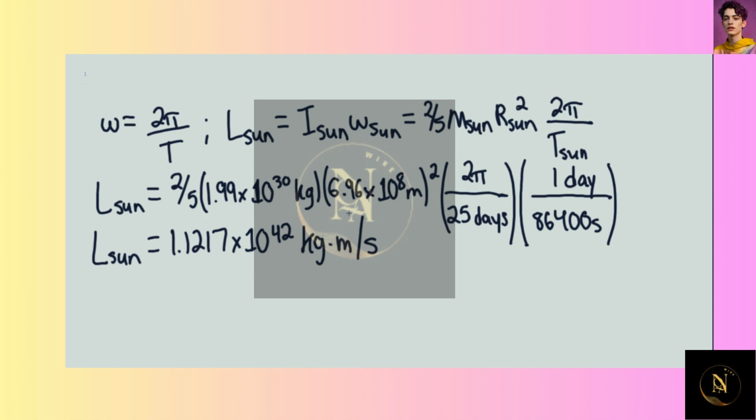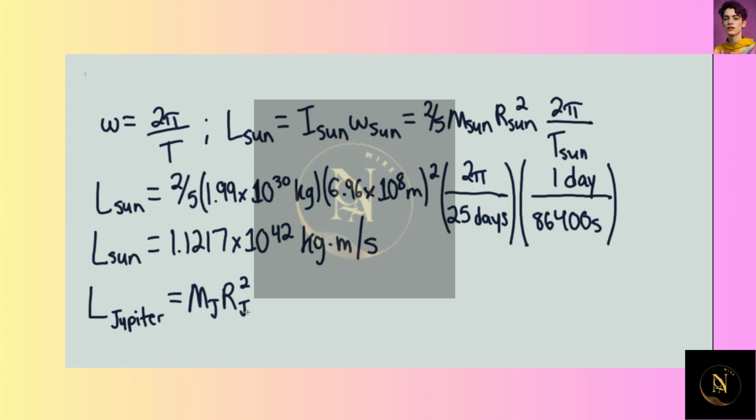And so we can then calculate the angular momentum of all of the planets. So we're going to be doing the exact same thing. However, we're going to be treating it as a point mass orbiting around the sun. And then we're going to do this for Jupiter, Saturn, Uranus, and Neptune. So first, the angular momentum of Jupiter would be equaling the mass of Jupiter, we'll just say mass sub J, times the radius of Jupiter squared.